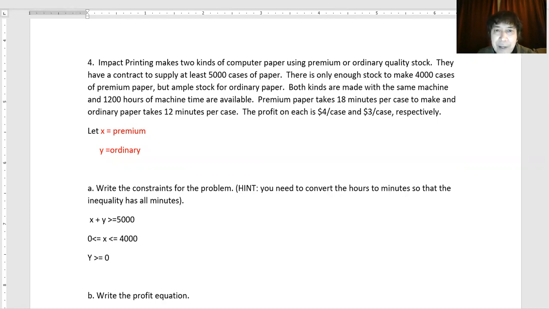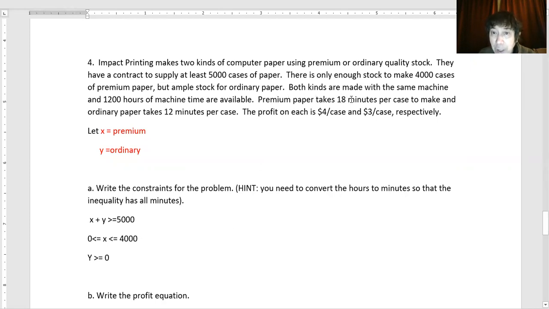All right, what else? We're talking about the time. Both kinds are made with the same machine, and 1,200 hours of machine time are available. So the statements which will be used for this will be this part here.